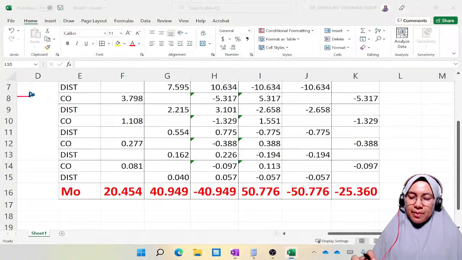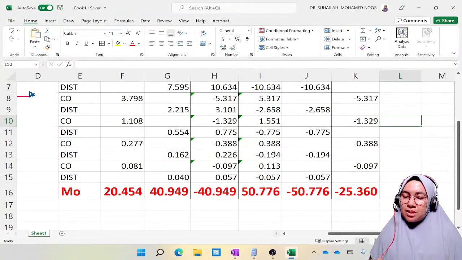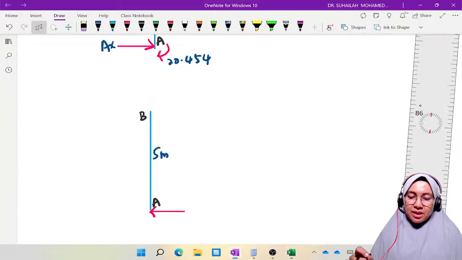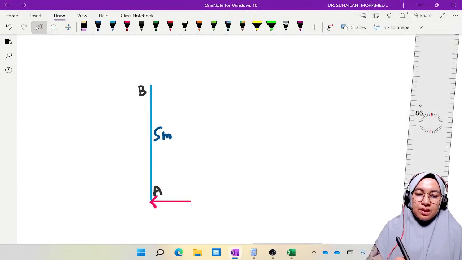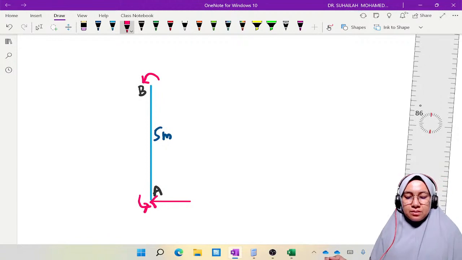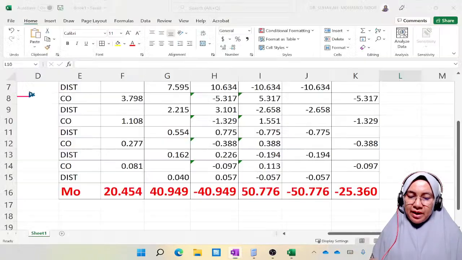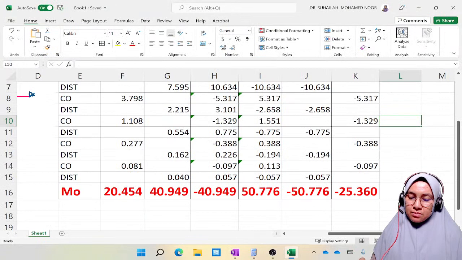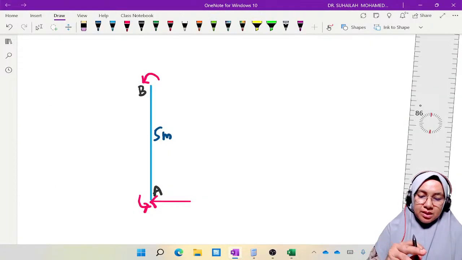Check back the moment at C and moment at D. For member CD, it is negative and negative.